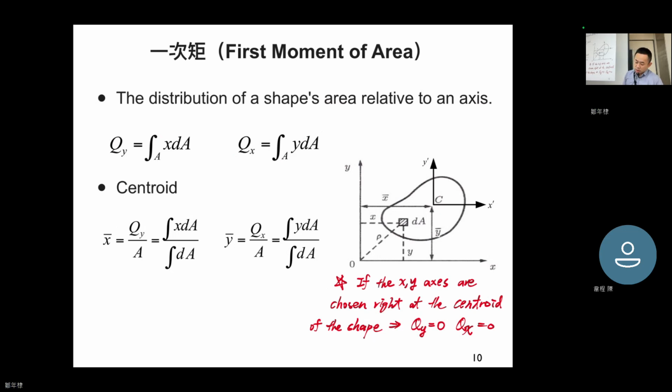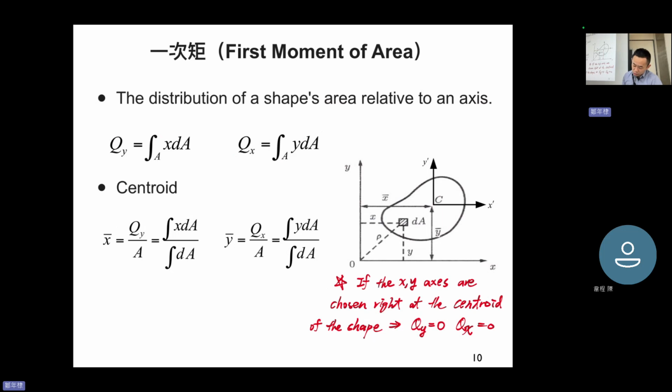So you can imagine that if the xy origin is not at the centroid, for example in this case, all the y and all the x are positive. So when they are summed together and divided by A, you will have a positive distance, positive x, positive y.